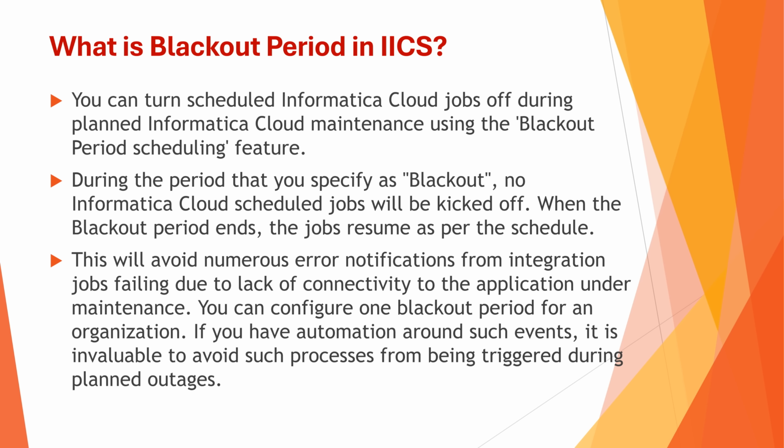Suppose I have a scheduling between 9:30 a.m. to 10:30 a.m., but I have configured the blackout period as 9 a.m. to 10 a.m. After completion of this blackout period, whatever was going to run between 9:30 to 10 a.m., that schedule is not going to run immediately after the blackout period.